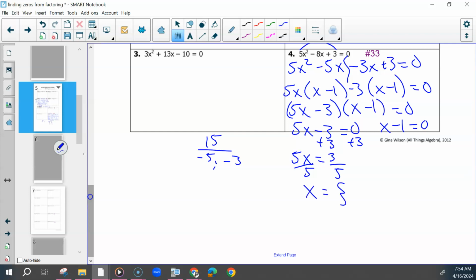What are two factors? 3 over 5 and 1. Go on to the next page.